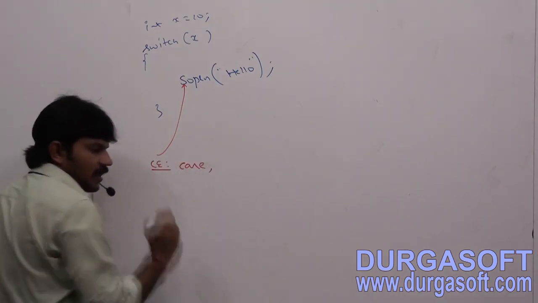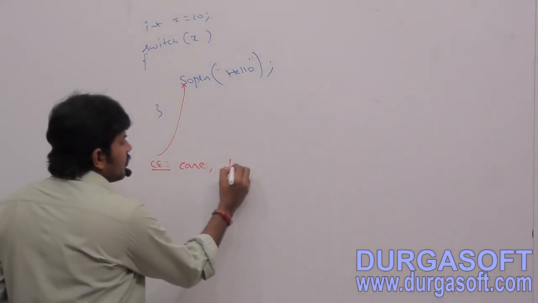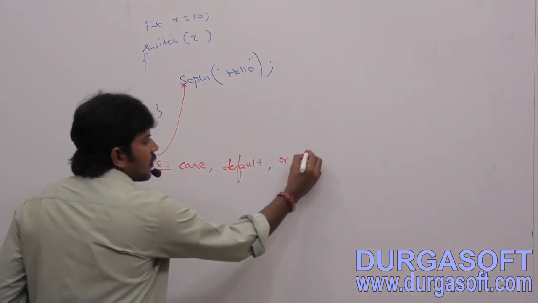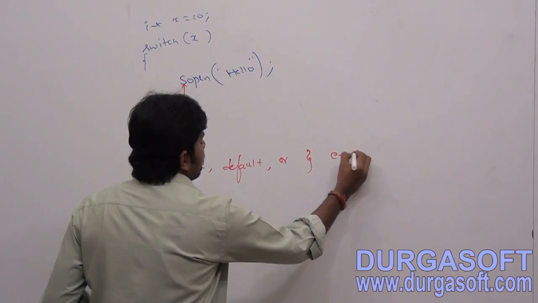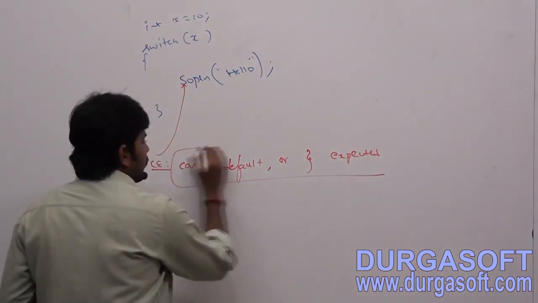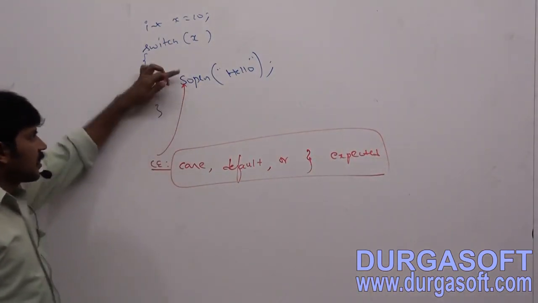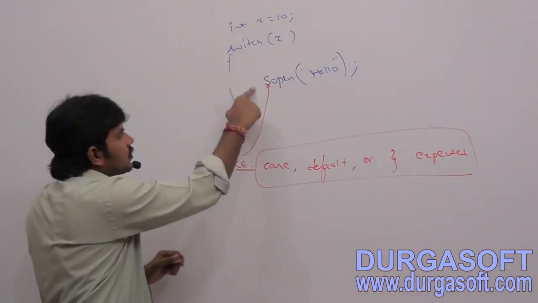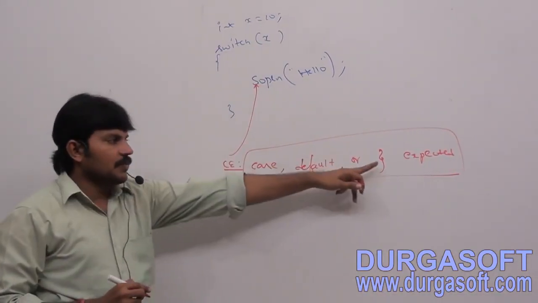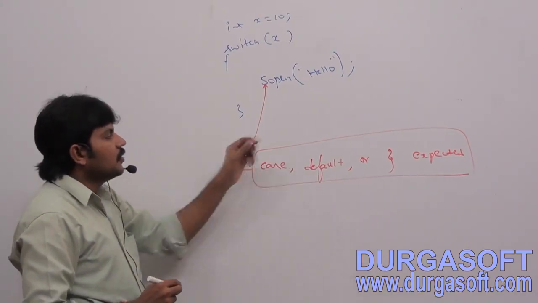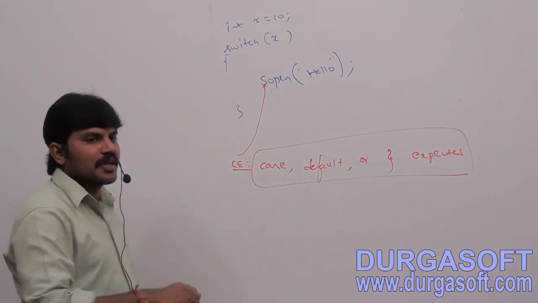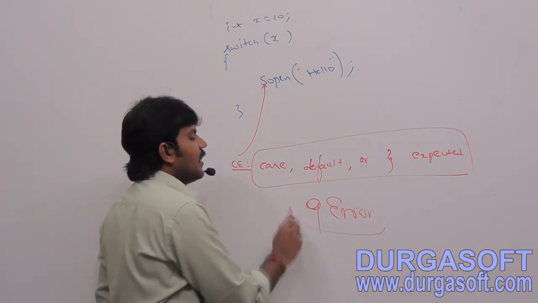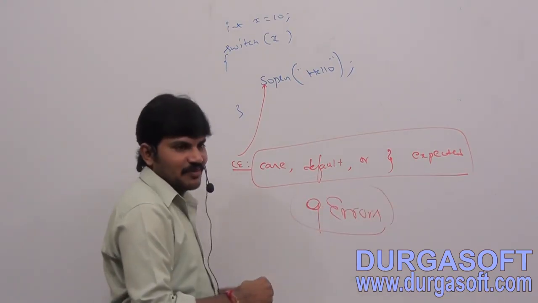Case, or default, or curly brace expected. Either case is required, or default is required, or close this switch. So how many compile time errors are you going to get? 9 errors, but all are the same thing only.